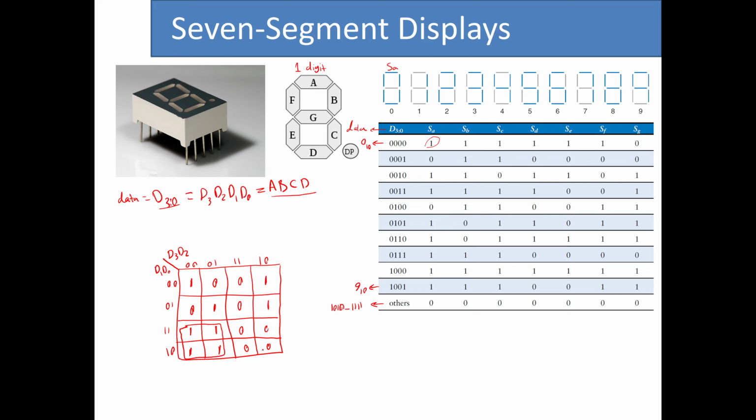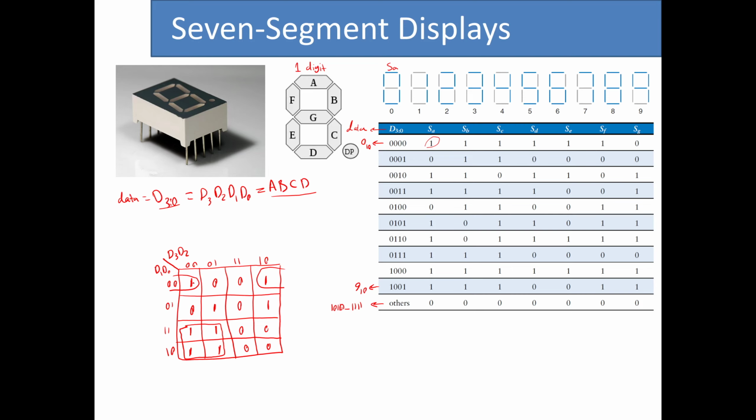So that means that I cannot draw it like that. But since I said before that the edges wrap around, I can create a circle like this that basically says that this one and this one are neighbors.